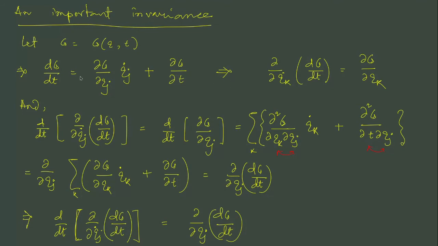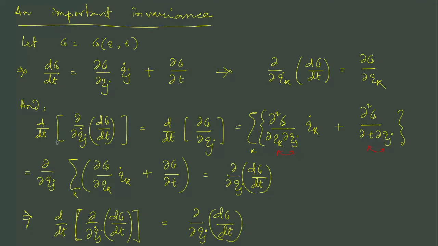So again, taking a partial derivative of this equation with respect to qk dot, we get del qk dot of dg dt is equal to del g del qk. Basically, we get this coefficient just like we did when we were deriving Lagrange's equation of the second kind.